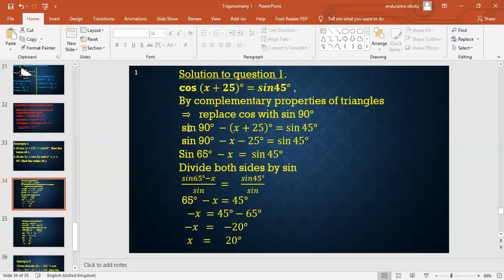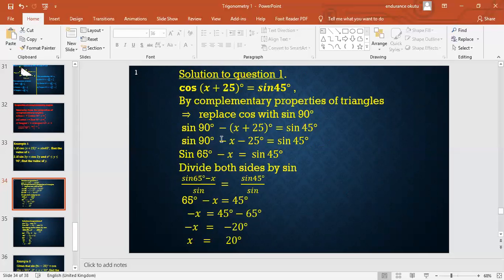So we replace it with 90 degrees minus this X plus 25, representing that X. So we have 90 degrees minus open bracket X plus 25 equal to sine 45. Now open up your bracket. Using this minus, it now becomes 90 degrees minus X minus 25 degrees equal to sine 45.